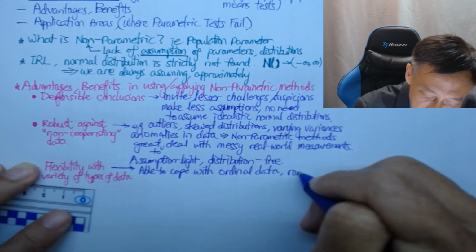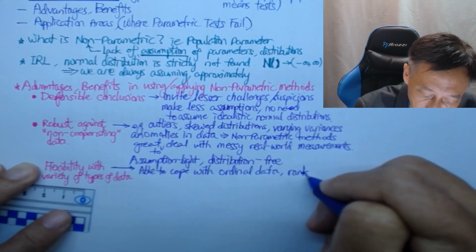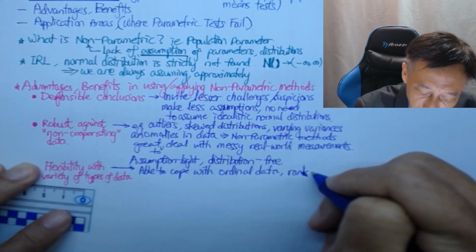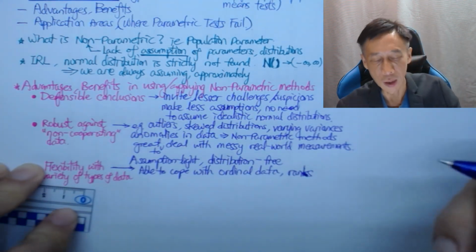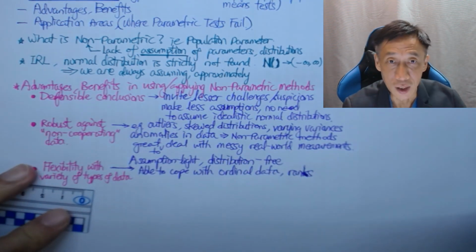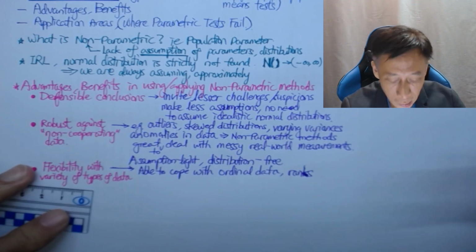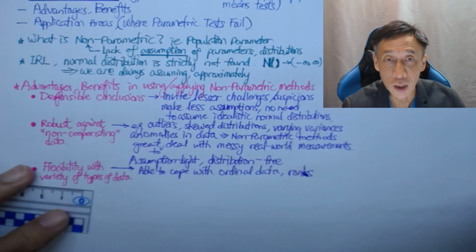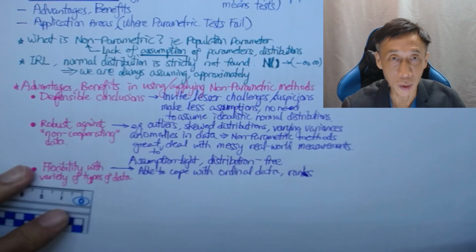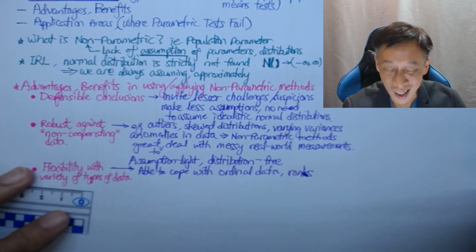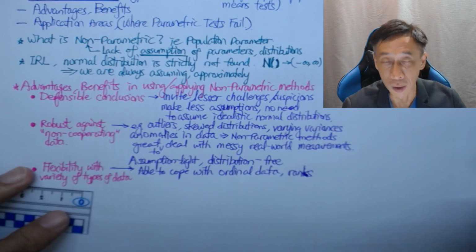Ordinal data, right? Ranks basically will be first, second, third, fourth, fifth. Like in the Olympics, gold medal, silver medal, bronze medal. So the ranking basically is one, two, and three. And one, two, and three doesn't mean that, if you're talking about running, they are 10 seconds apart, or 5 seconds apart. No, right?